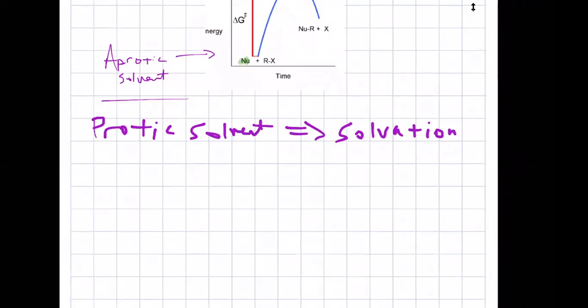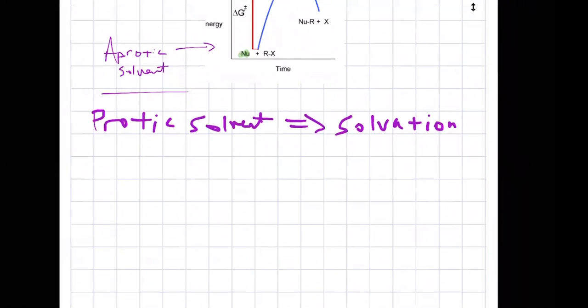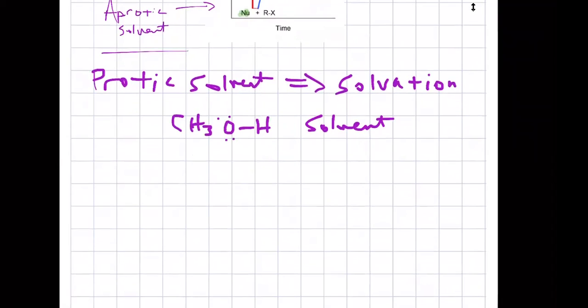And what that means is what it sounds like. So if I have a nucleophile, and let's say I'm doing this in methanol, right? So if methanol is my solvent, and I put a nucleophile in that solvent, what happens is the nucleophile gets surrounded.